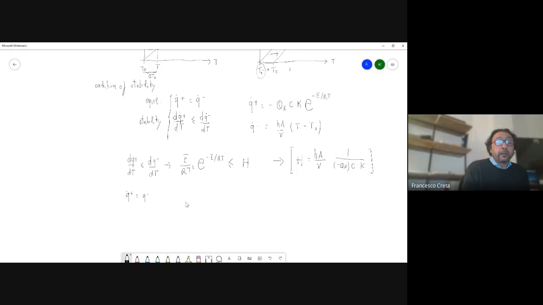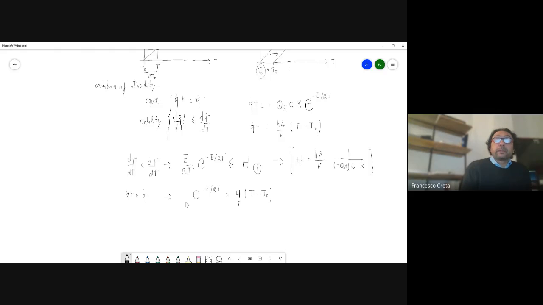Well, this leads to essentially e to the minus E over RT equals H times T minus T0. So we still have this H here.